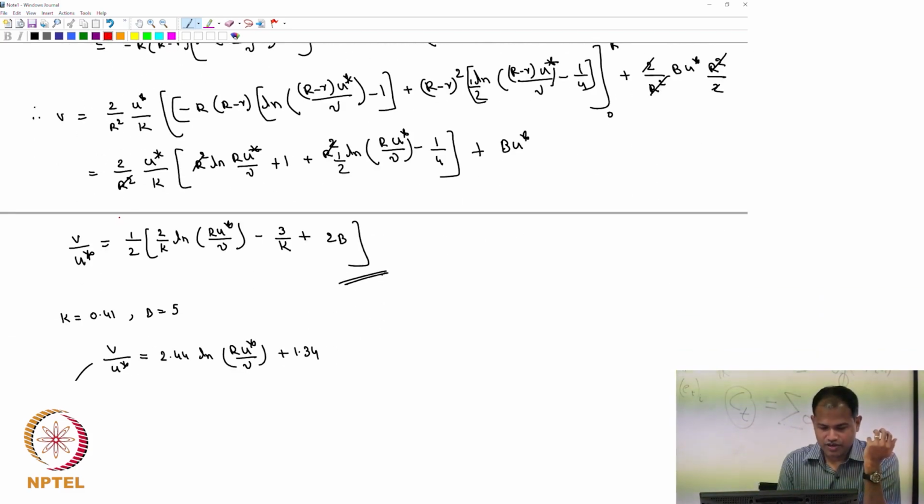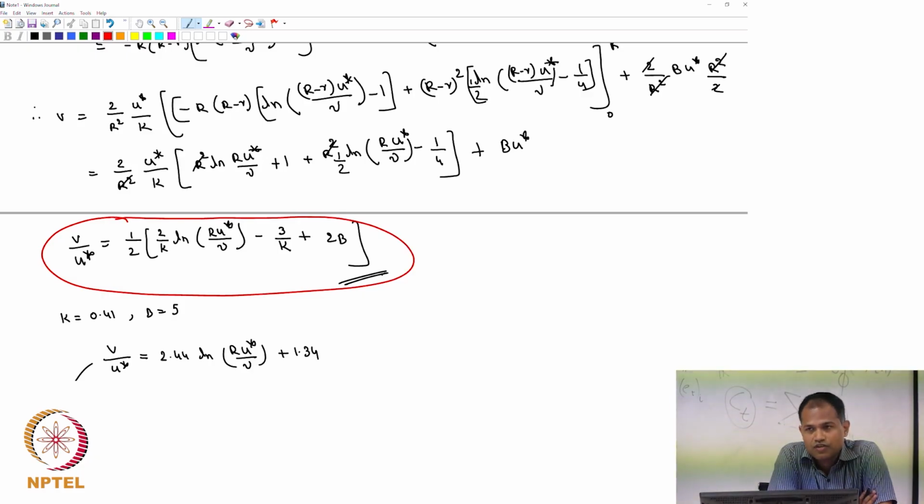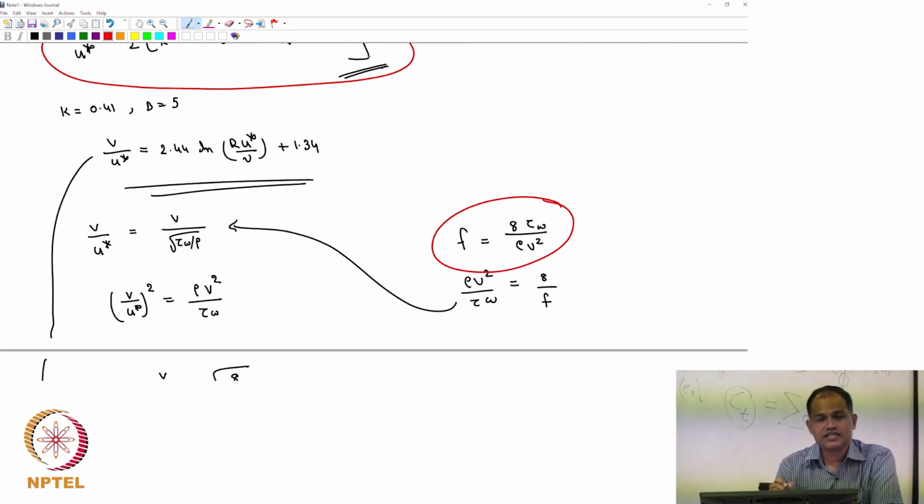Our intention is to calculate the friction factor, which we could have done by calculating the pressure drop and the wall shear and so on. Instead, we knew that average velocity, wall shear stress and friction factor are all related. So we are exploiting that relation and rewriting the velocity profile in terms of friction factor and Reynolds number directly. That's all we have done.